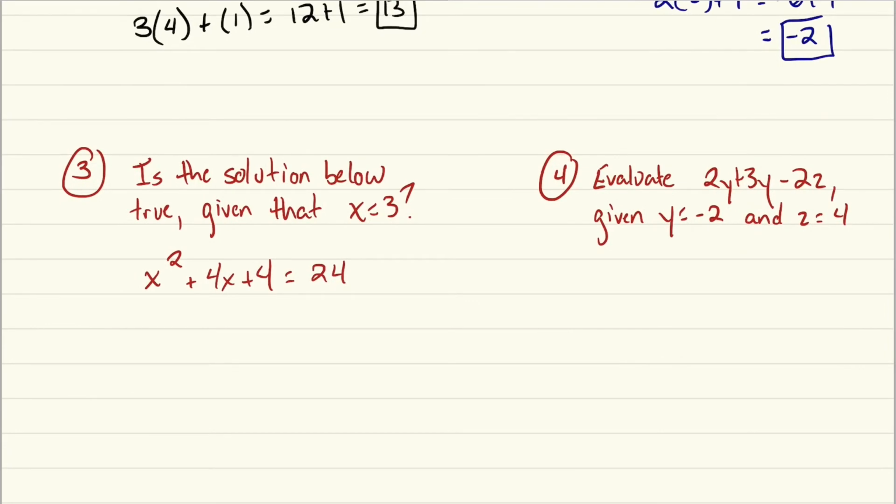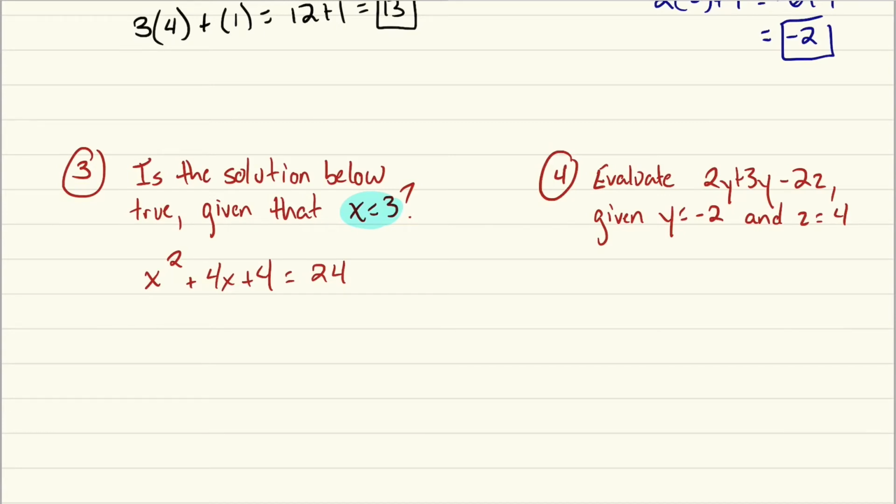All right, let's look at a couple more examples. Example 3. It says, is the solution below true given that x is equal to 3? Again, I'm going to highlight this. They've told us what we need to substitute, and then they've given us a full equation this time.